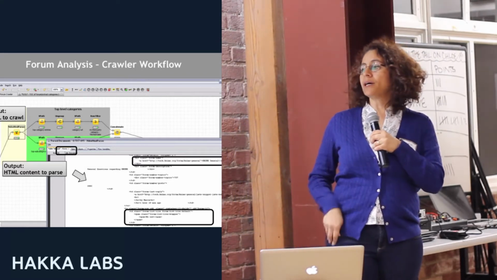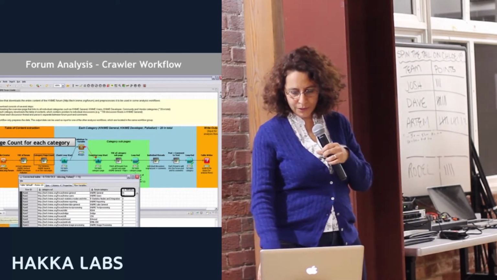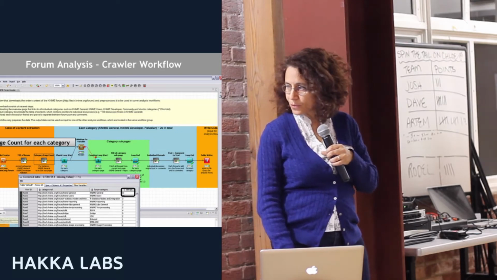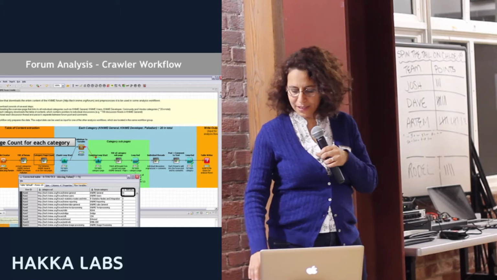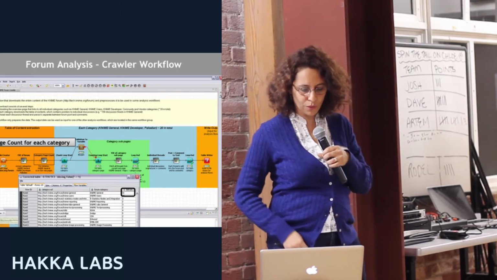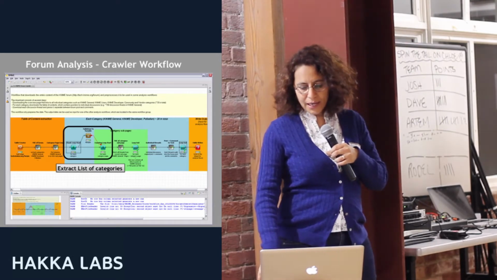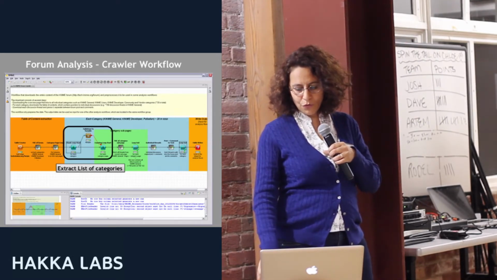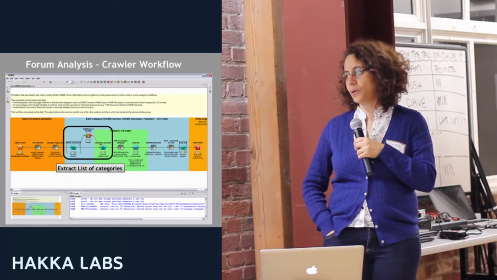Okay, so then I move on, and I count all the pages for each one of the categories. And here I get these results. So here I get, for example, that the KNIME General has 31 pages that I'm supposed to download. I extract the list of the categories, and then I loop around all of them to fetch all the threads for each category page.